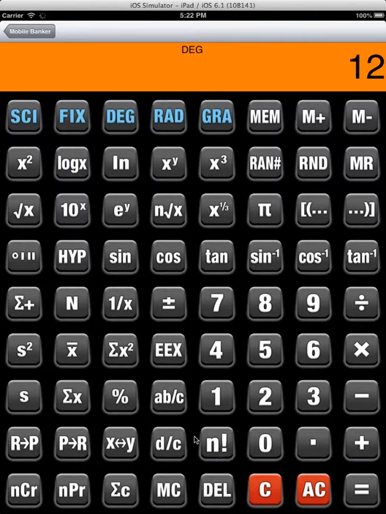So 12, 5, 4. Okay. So 12, 5, 4 equals that.